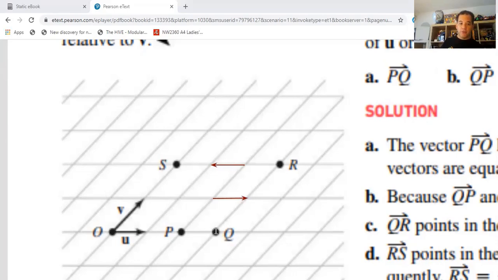So now we're gonna do QR. So from Q to R, so from here to here, right? What is that one? Well, again, I'm gonna move it. And if I move it, you can tell that it points in the direction of v, right?